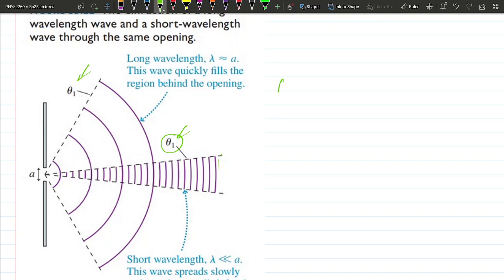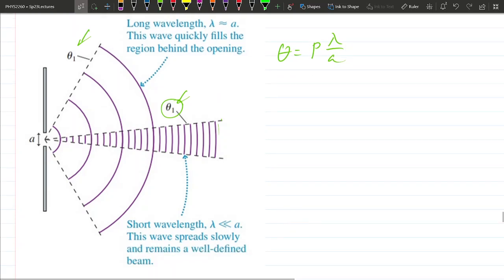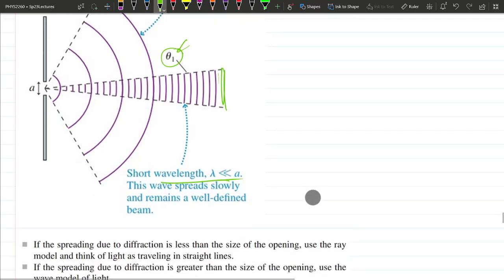So this theta is actually lambda over A. This wavelength is much bigger. How do we determine whether the wave behavior here is actually important or not? For a very short wavelength, you're going to have a very narrow beam coming out. But for a bigger wavelength, you're going to have a much wider pattern coming out.